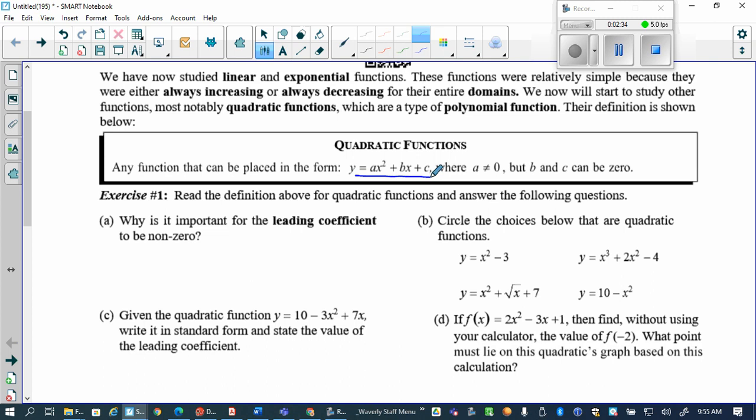Vocal cords. Anyway, so it's in this form here, right? And look what they say there: a cannot equal 0. Come back to that in a minute. But the important thing is that to be quadratic, the highest exponent will be 2, and any other exponents must be positive integers.